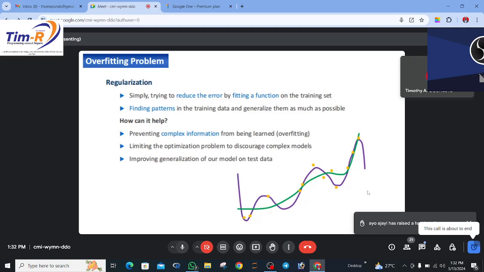That's what regularization does, and we can incorporate it in our artificial neural network, so it can help us avert the risk of overfitting.